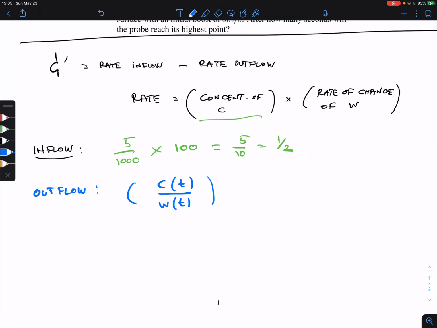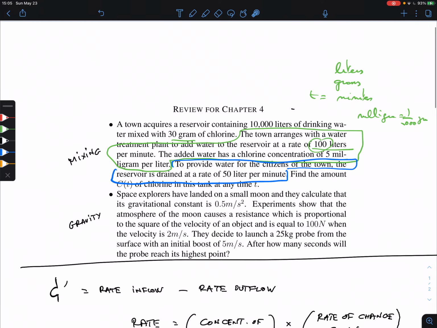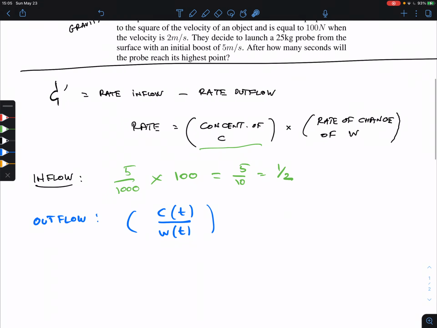This is the concentration of chlorine, what I wrote right down. The amount of chlorine divided by the amount of water. That's how we always calculate this. So that's the concentration, and now the rate of change is given by this number, 50. Okay, so times 50.